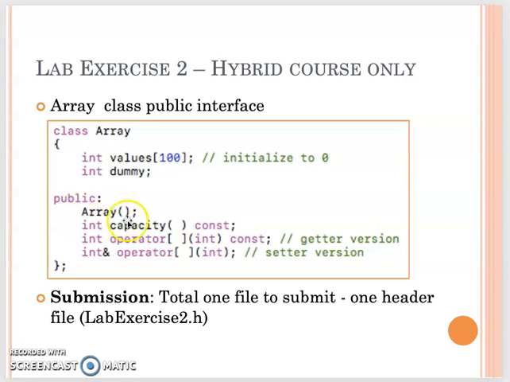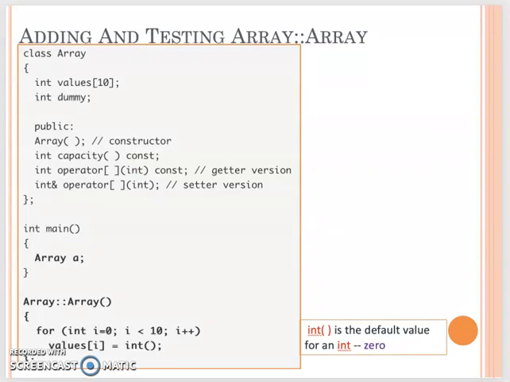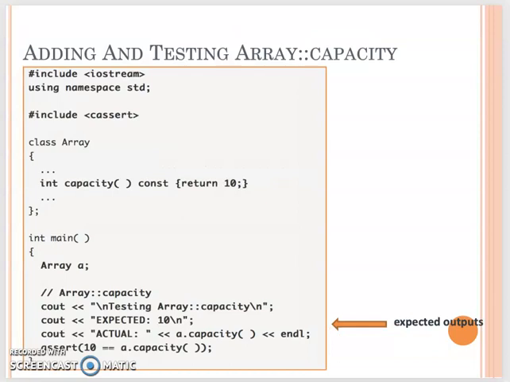So the first thing we see, how should we test the capacity function? That's what we showed you earlier, right? For the capacity function, we are expecting the capacity to be 100. So after we define an array A, you will see here we can use the assert to check that our capacity is equal to 10.